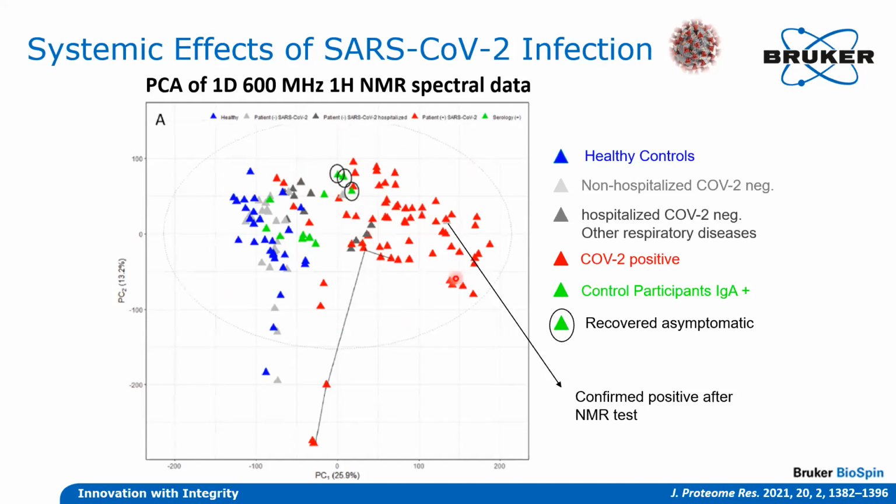So the seropositive but not RT-PCR confirmed sample lies at the boundary between the SARS-CoV-2 positive and the healthy group. This indicates some metabolic similarity with the SARS-CoV-2 positive group and may represent participants who have been exposed to the virus. So it means that the patient was already exposed to the virus, but in the RT-PCR test, it was not detected.